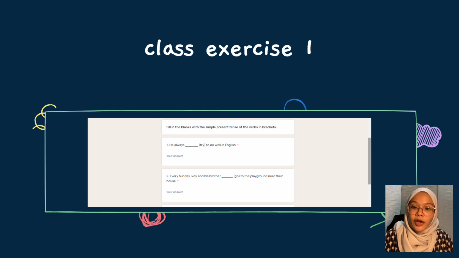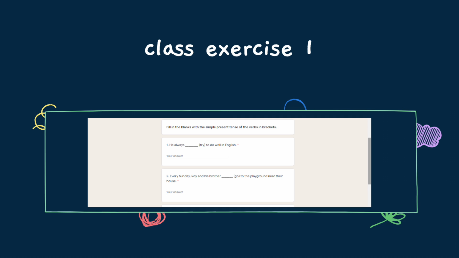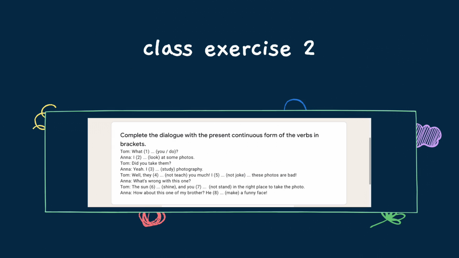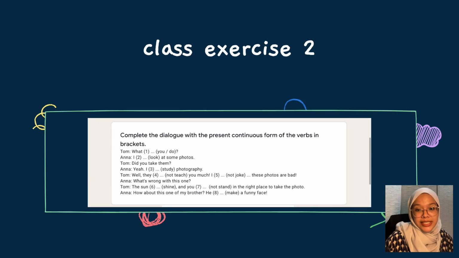You may open the Google form to answer the questions. For class exercise 2, you need to complete the sentences with the correct forms of the verbs in brackets. You may open the Google form to answer the questions.